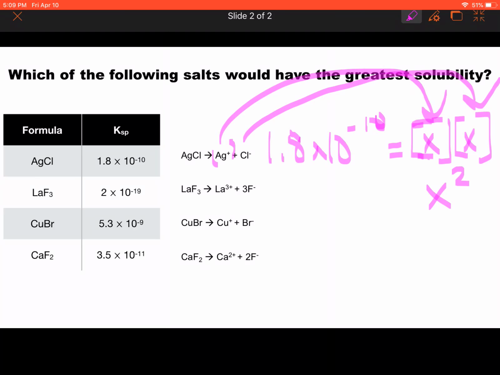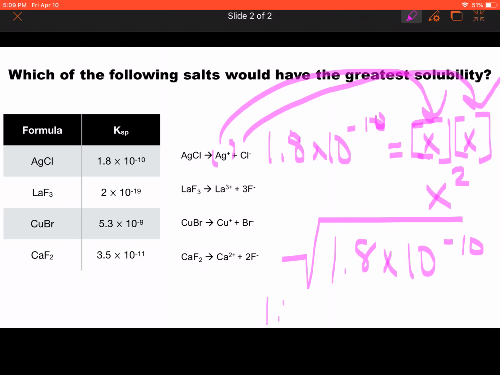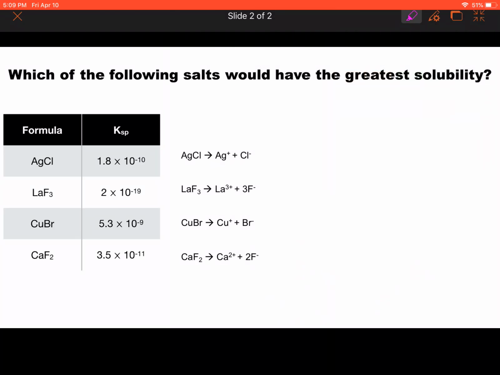So to get the solubility of silver chloride, we have to take the square root of 1.8 times 10 to the negative 10, and you should have gotten 1.3 times 10 to the negative 5. I'm going to show you how to do the second one, and I'll come back and rewrite all of those answers for you.